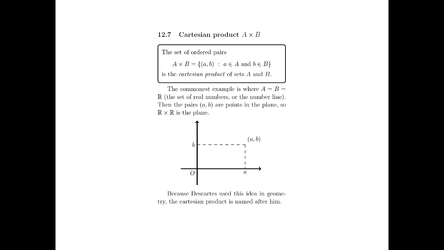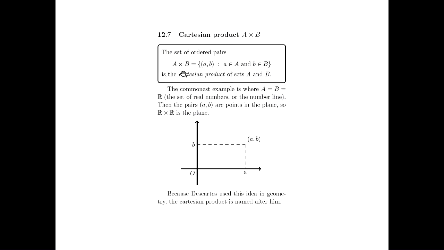So what's the actual definition? The Cartesian product, A cross B, so we just use the times symbol, where A and B are sets, is the set of all ordered pairs whose first coordinate comes from A and whose second coordinate comes from B. Right, so order is obviously important here.